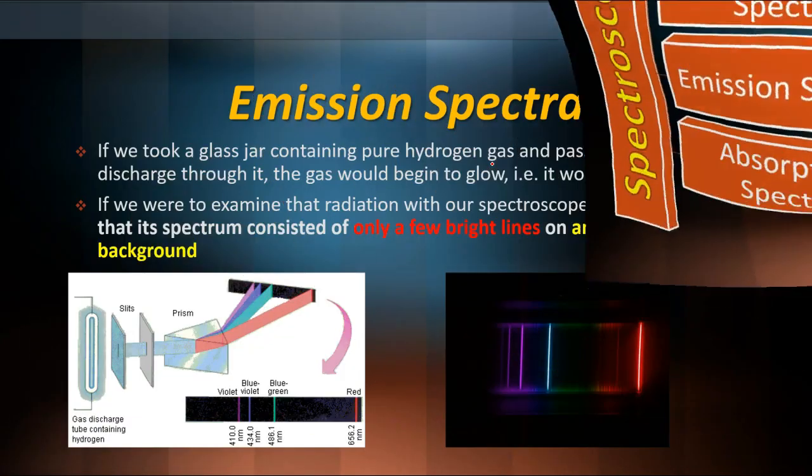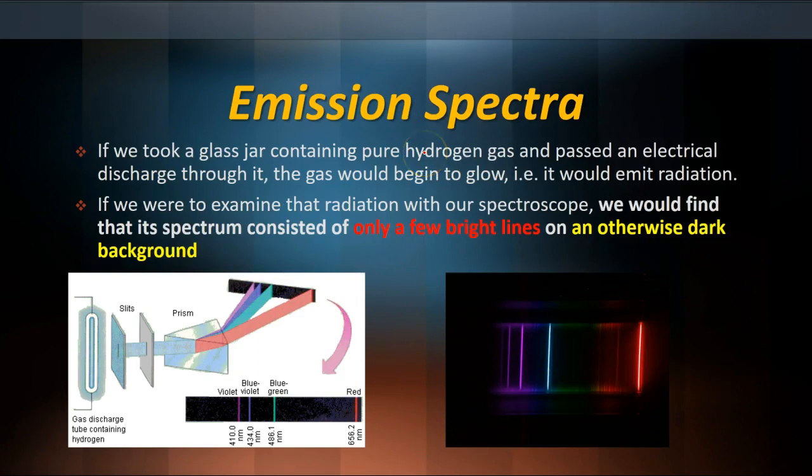Moving on. Emission: how do we generate emission spectra? This is one example of the hydrogen emission spectra that we looked into previously. The procedure is pretty simple. You take a glass jar that contains only pure hydrogen gas and you pass an electrical discharge through it.